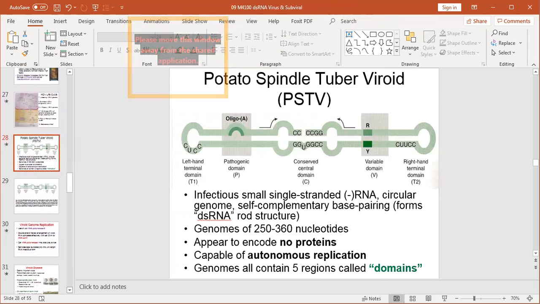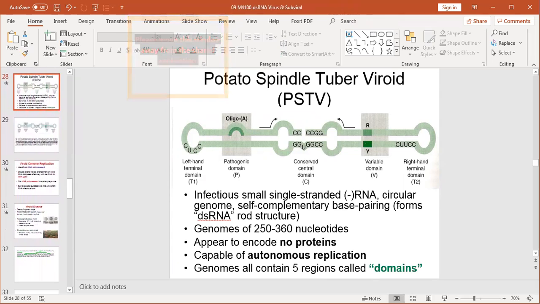Slide number 28 talks about another subviral pathogen called potato spindle tuber viroid or PSTV. This is an infectious single-stranded negative RNA. It looks circular due to self-complementary base pairing that looks like a rod structure, and it gives the impression that it's a double-stranded RNA.